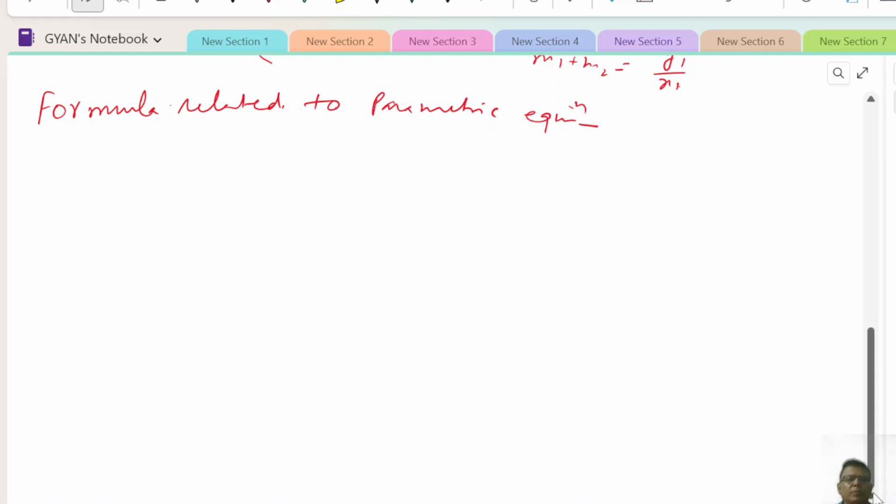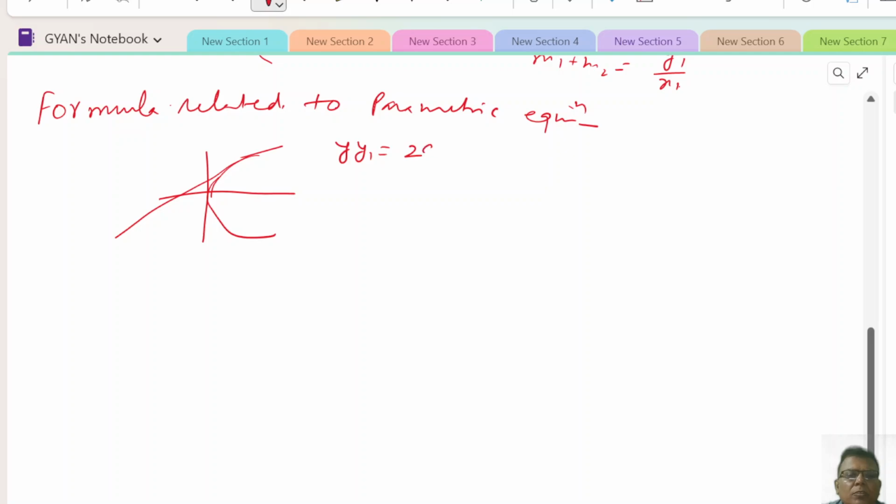So now come to the formula related to parametric equation. First we come to this one. The tangent equation is y y1 is equal to 2a x plus 2a x1.